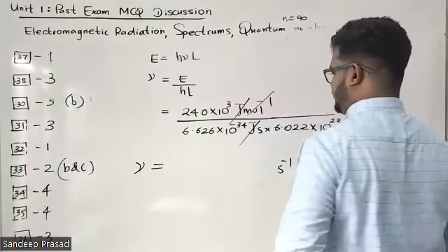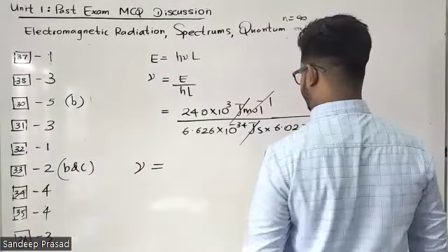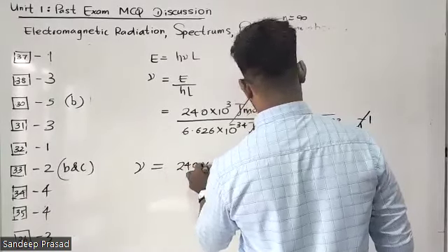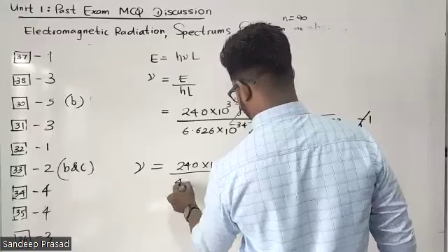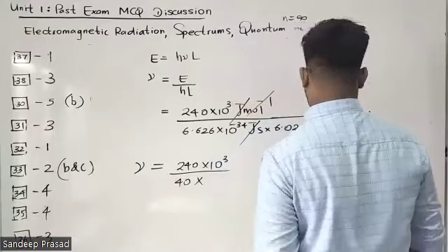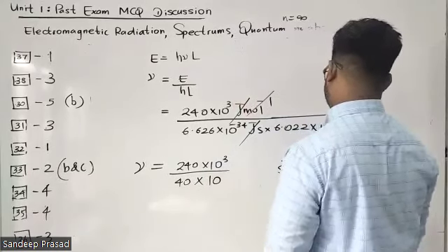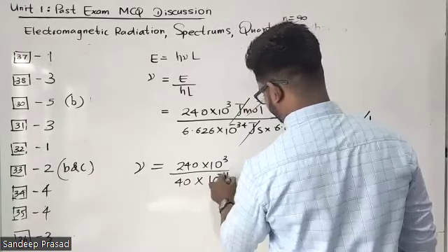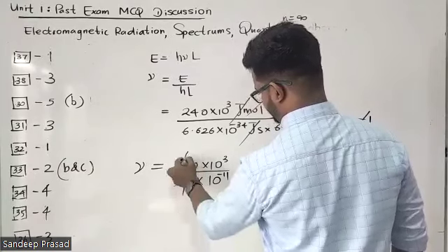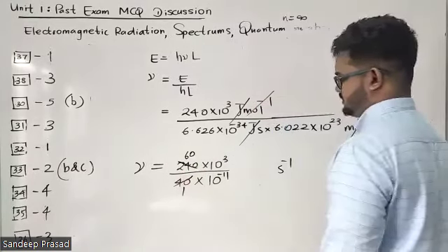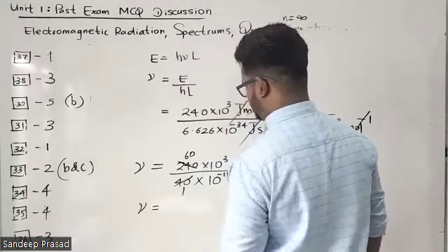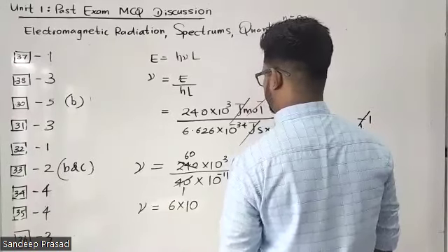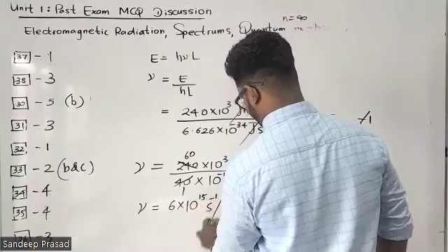Here we know that 6.626 multiplied by 6.022 is equal to 39.9, but I'm taking this as 40 for our simplification. 10 to the power minus 34 plus 23 means minus 11. So therefore, nu equals 10 to the power plus 15 per second, in hertz.